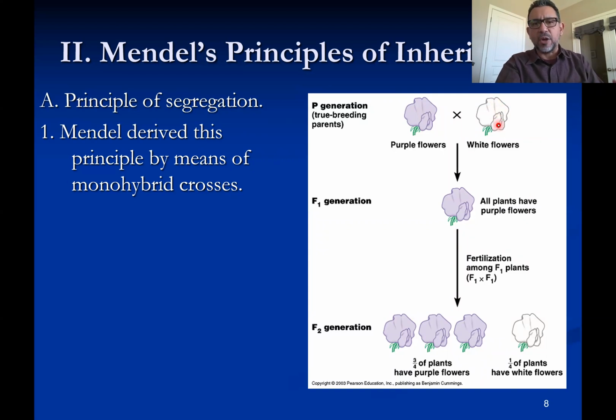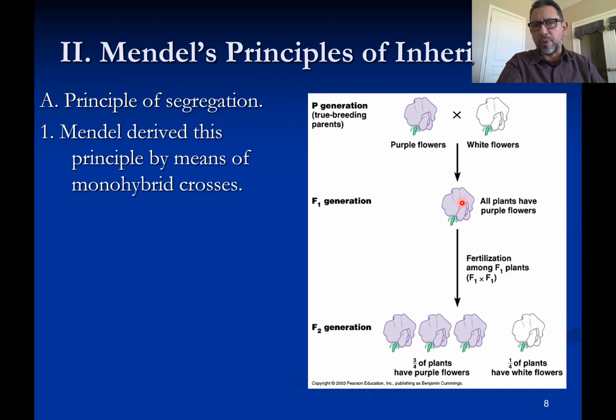So that's the meaning of true breeding plants. So the offspring produced by this cross is going to be identified as the F1 generation, or first filial generation. And what you notice here in this example is exactly what Mendel observed. All the F1 generation plants produced purple flowers.